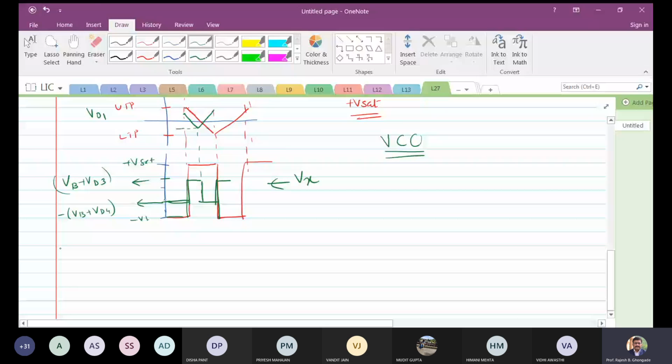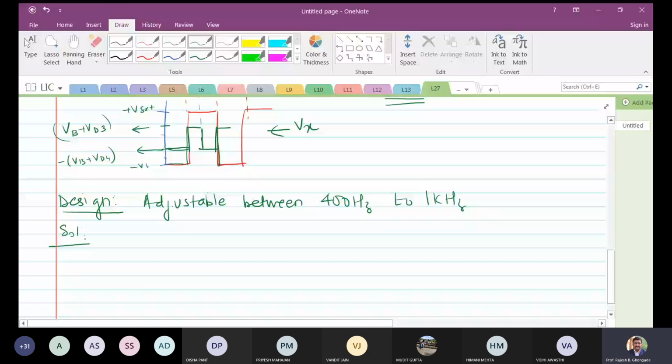Okay. So the solution. Select a convenient maximum clipped voltage. We call it plus minus VC max.